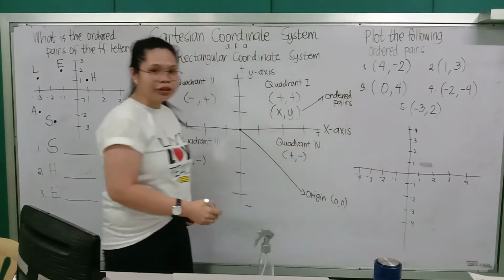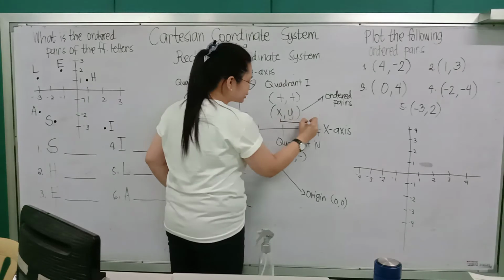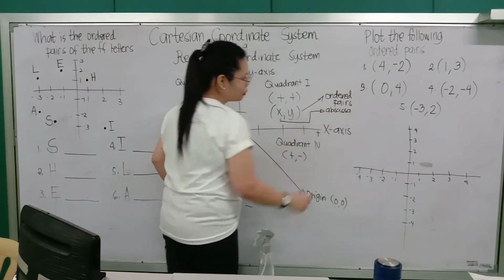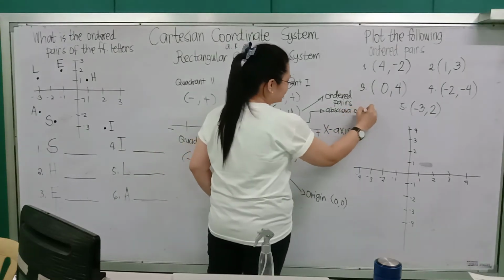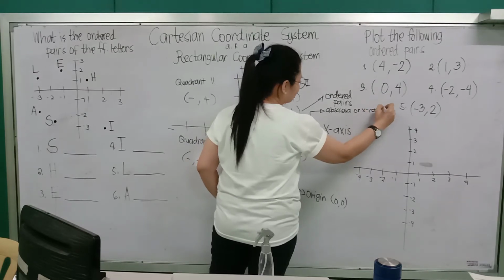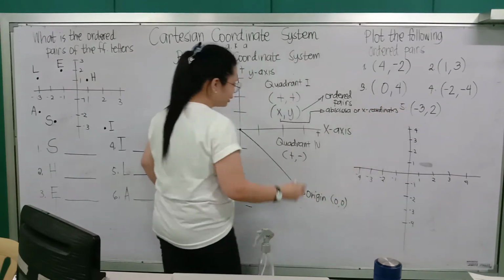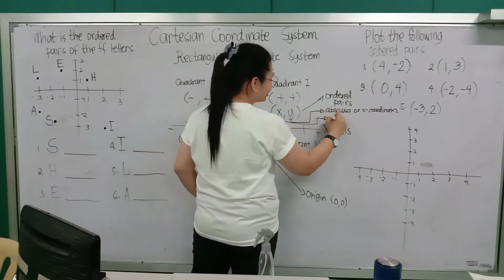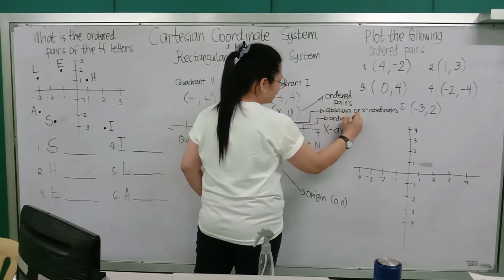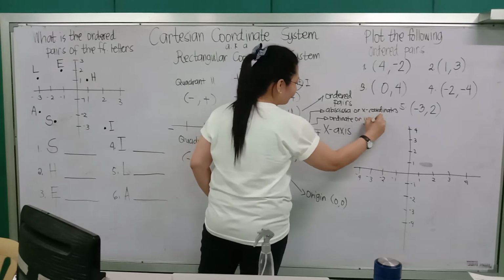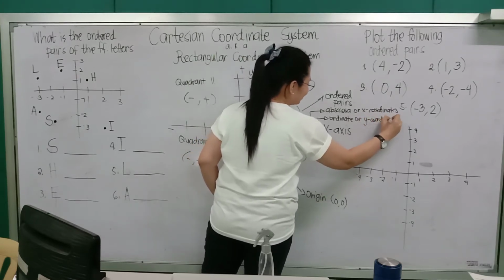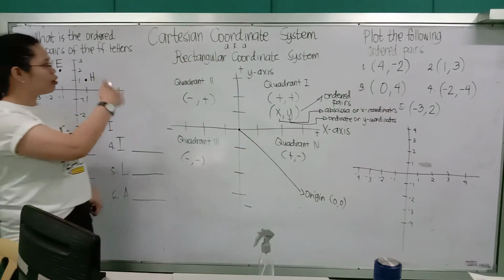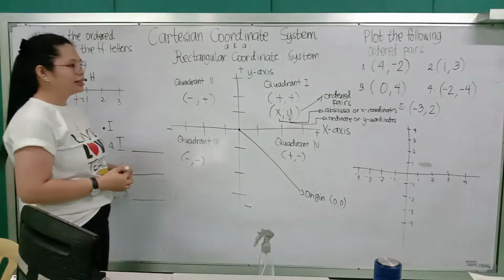That is what I told you about ordered pairs. The x is called the abscissa, or the x-coordinate. Next, y is called the ordinate, or the y-coordinate. Those are the parts of the rectangular coordinate system.